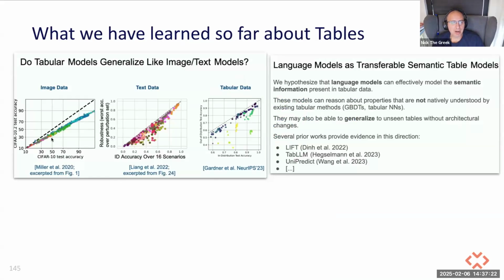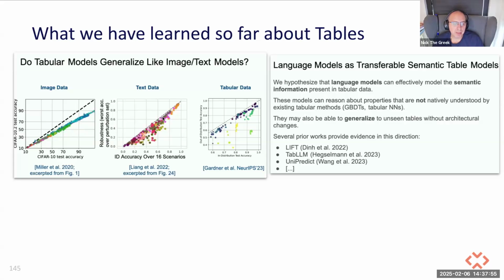This shows that the problem is hard. Like in image data, this is the test versus training accuracy. This is CIFAR, tested on CIFAR 10, and this is the 10.2. And you basically see that it generalizes well. It's very close to the bisector.